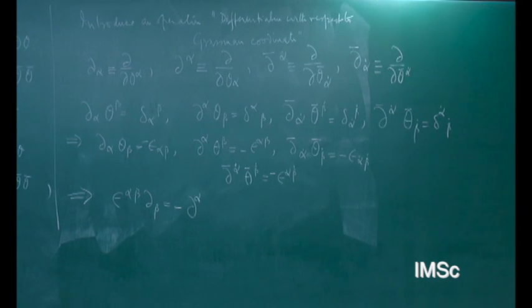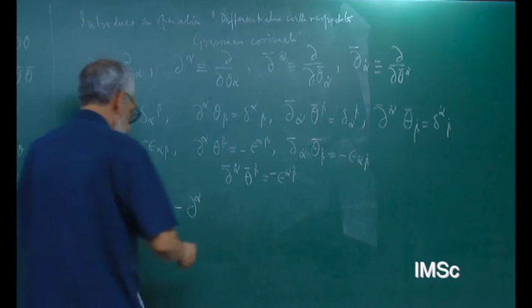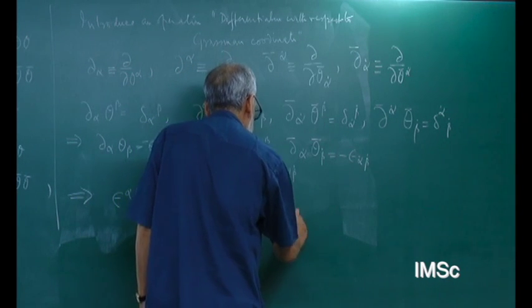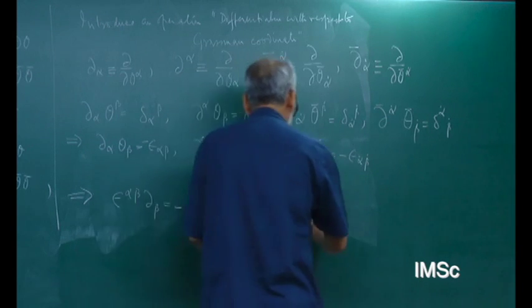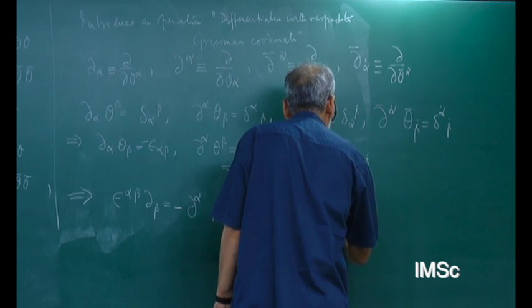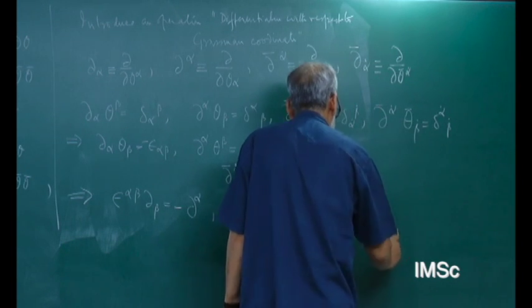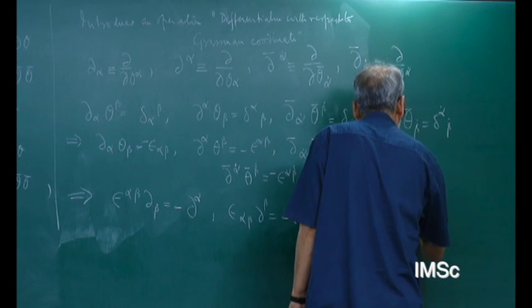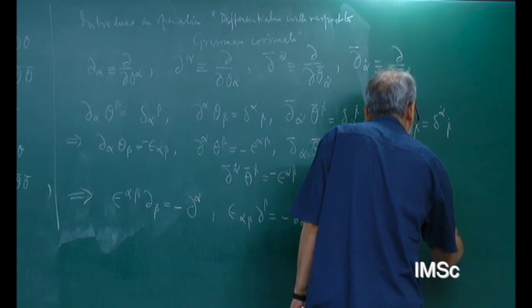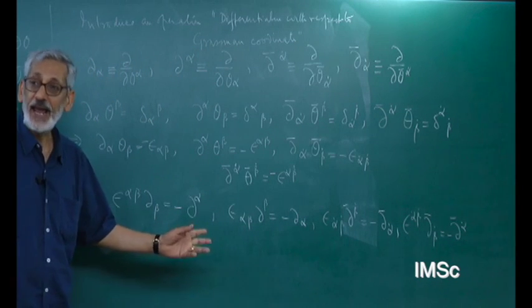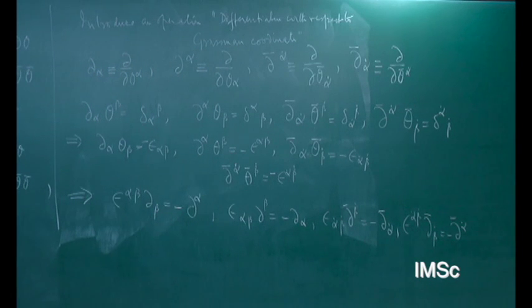So let me write down the raising one, the other one also. Epsilon beta alpha on d beta is minus d alpha, and similarly epsilon dot beta dot d bar beta dot is minus d bar alpha dot. So the raising and lowering through epsilon symbols acts on derivatives with an extra minus sign as compared to when it acts on the coordinates.